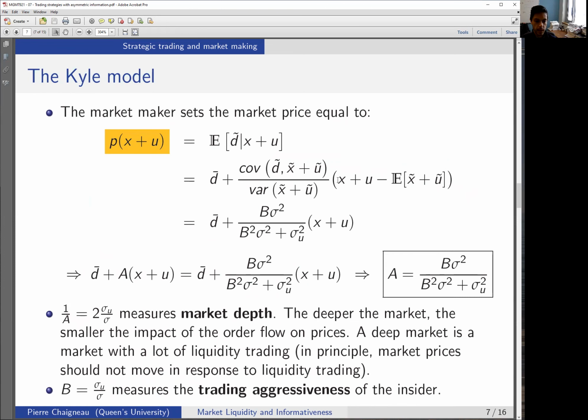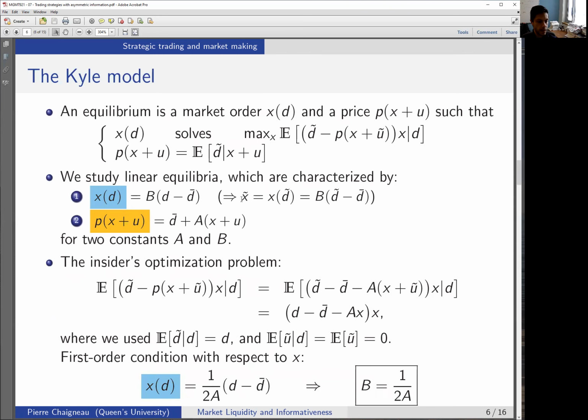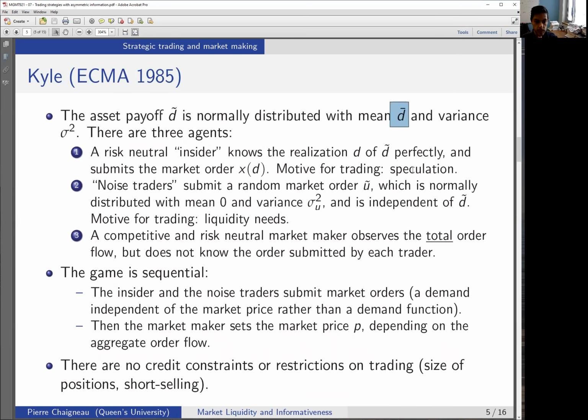Okay. Now, x plus u, well, this is whatever the realization of x plus u is, minus the expectation of x tilde and minus the expectation of u tilde. So what is the expectation of x tilde? Well, we take the expectation on both sides of this equation. And so we get that this is equal to b times the expectation of d tilde minus d bar, but the expectation of d tilde is d bar, okay?